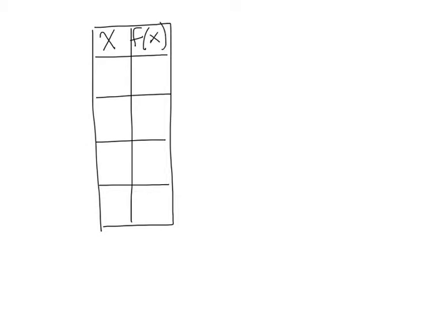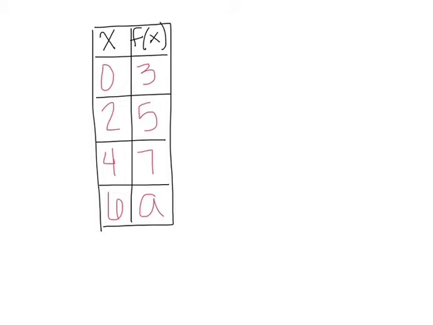If our x values were 0, 2, 4, and 6, and our f of x values were 3, 5, 7, and let's say we didn't know what the last one was, so we'll give it a variable of a.